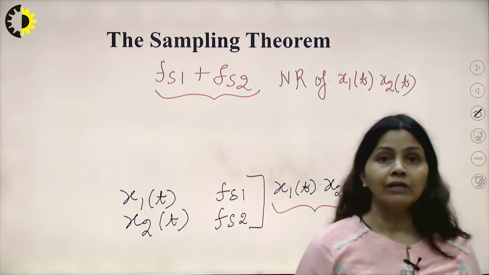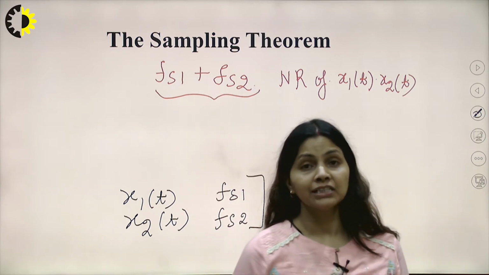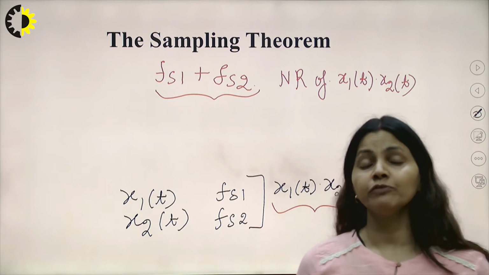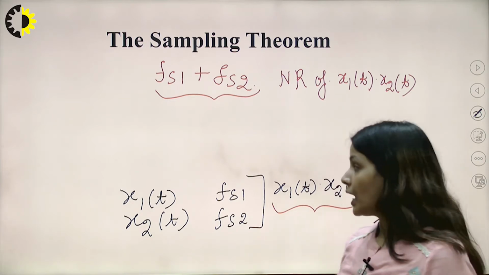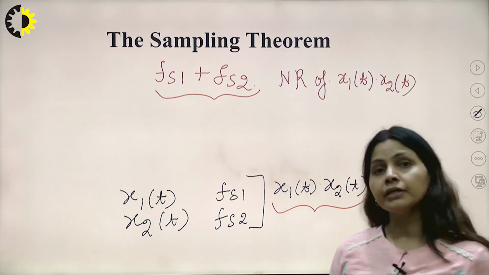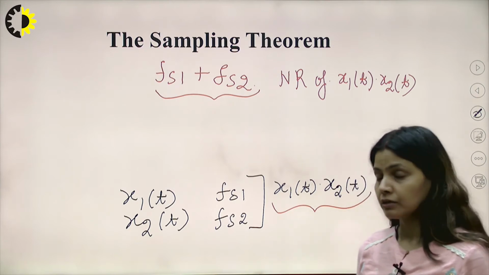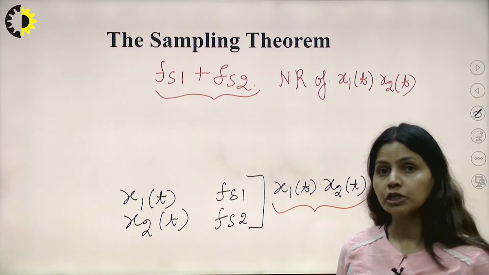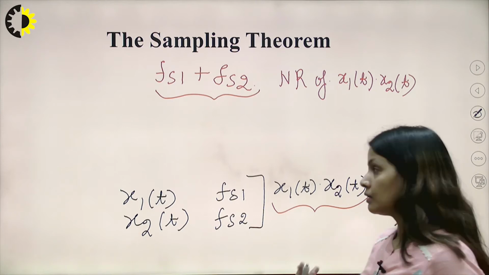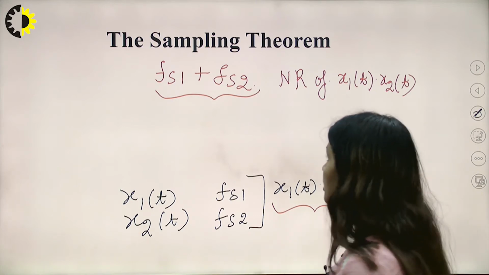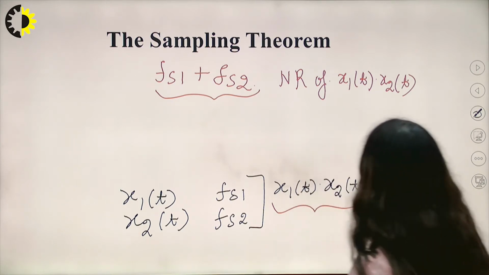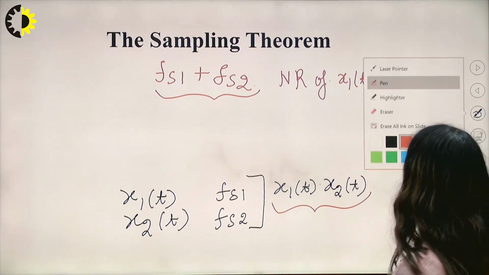So we can calculate the Nyquist rate for signals which are getting multiplied with each other, and also if we perform the convolution, then what would be the Nyquist rate for the resulting convolution signal? So let us see.